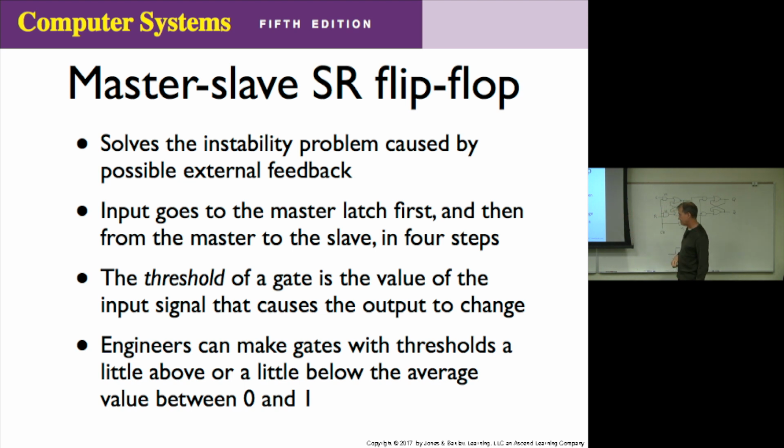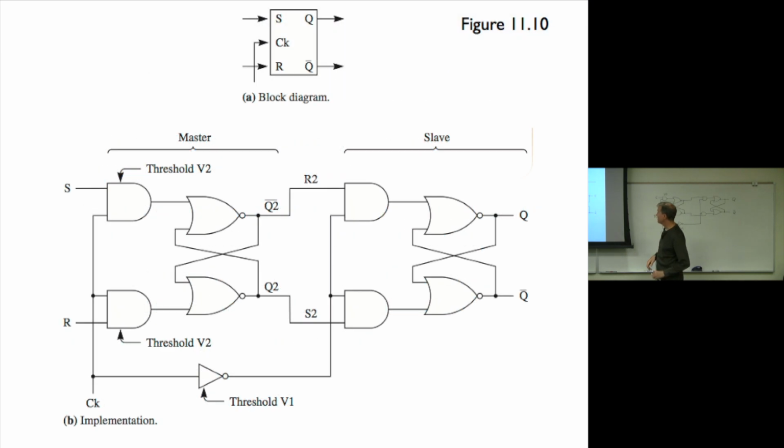Now let's jump forward to figure 11.10. Here's a block diagram of the master-slave flip-flop, and look at this complicated circuitry here. We're going to understand every little detail of this in the next few minutes. The block diagram has S and R coming in from the left, and the clock pulse typically goes in the middle. Then we have Q and Q bar. Q is the top one and Q bar is the bottom one.